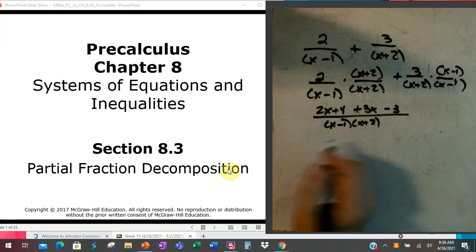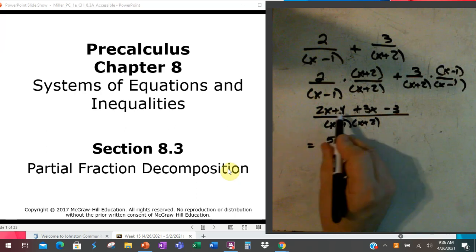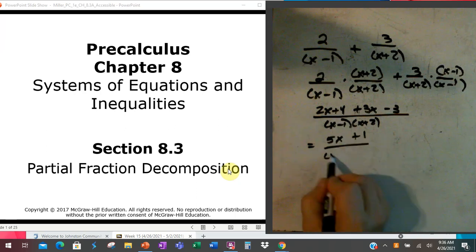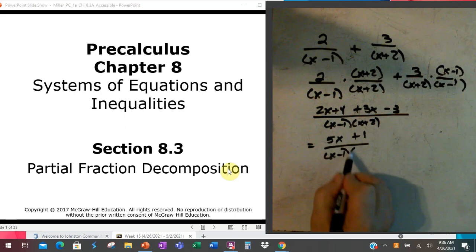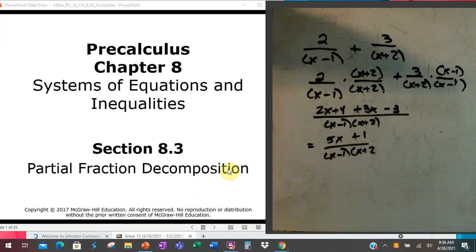So now this simplifies into, when I group everything, 5x plus 1 over x minus 1, x plus 2. Okay. So that's the result of combining these and simplifying.